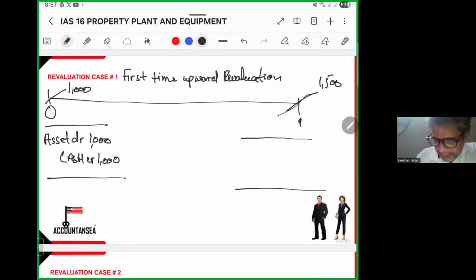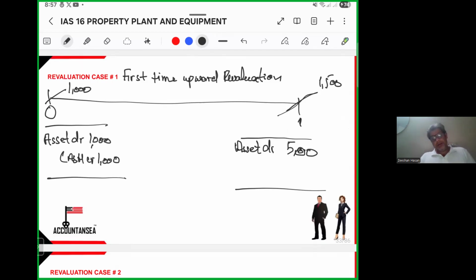So, the asset's value increased by 500. So, that's why asset debit 500. Now, the question is, have we sold the asset yet? No. So, do we realize the gain yet?